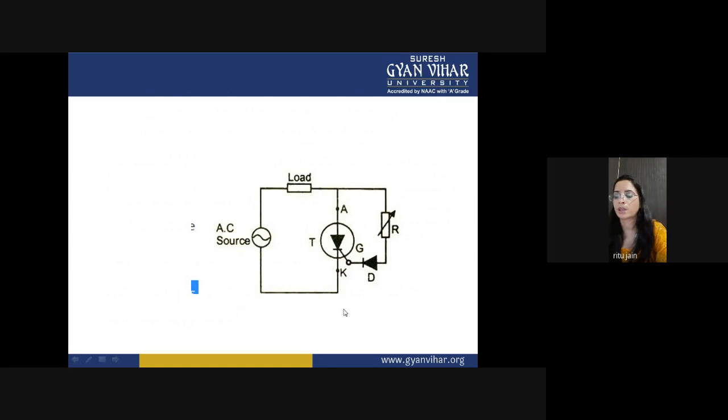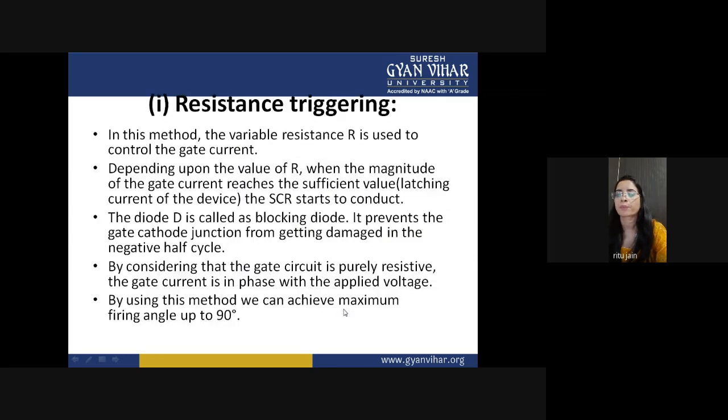So it will protect the SCR from damaging in the negative half cycle. Now, by considering that the gate circuit is purely resistive, the gate current is in phase with the applied voltage, and by using this method, we can achieve maximum firing angle, which is up to 90 degree.